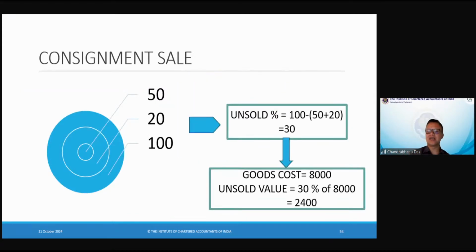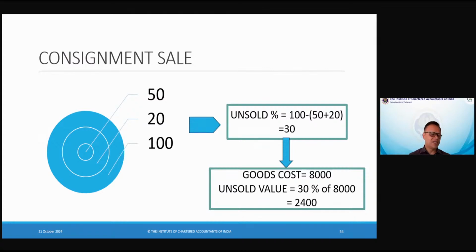Now out of this 100, when this 50 and 20 are gone and this 30 is remaining, your goods cost is that unsold value, which is 30% of 8,000. So 2,400 is the amount of goods which are unsold as a consignment sale and which is there in the inventory.